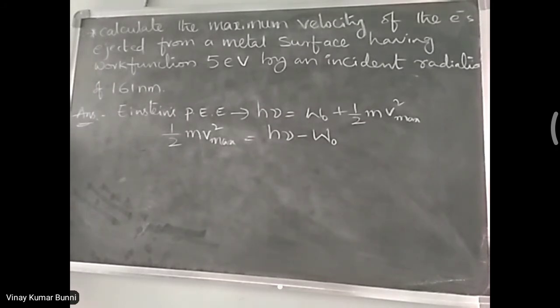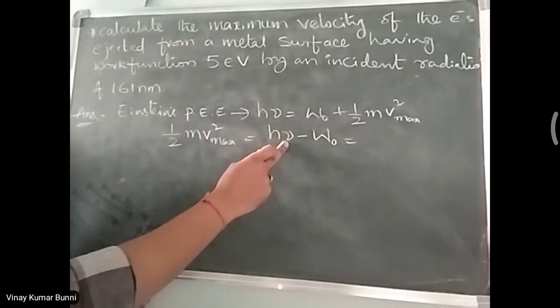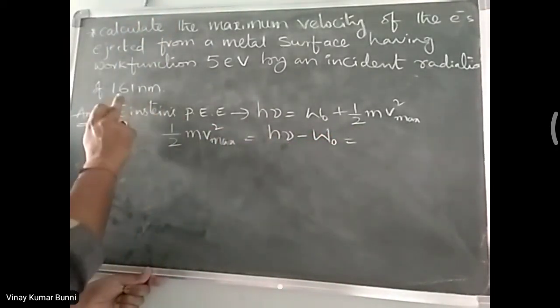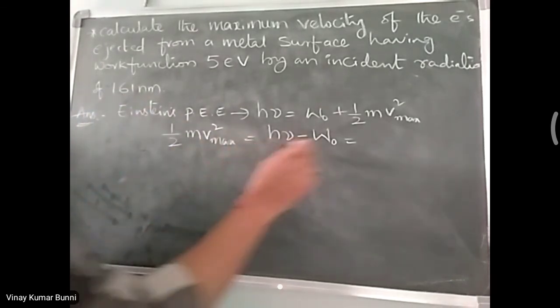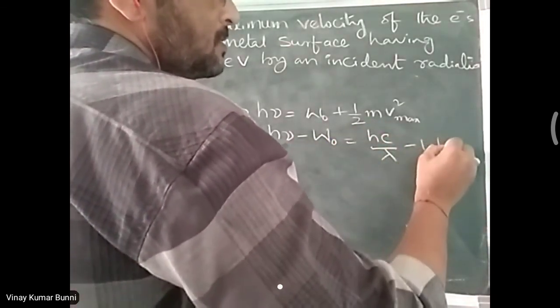So this hc by lambda, calculate this. See, there is no frequency term, it is only lambda. So write it as hc by lambda as we did in the previous problems.